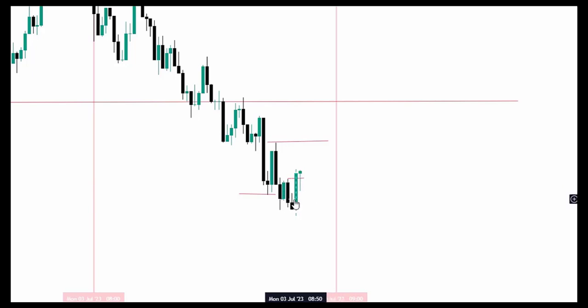So what we are waiting for now is for price to take out this high, which it already did. But I will say that I have to wait for price to take out this high, because this is a clearer setup. So I will wait for price to take out this high, then I will look for my extreme fair value gap at this point, the lowest fair value gap, then I will enter my trade.